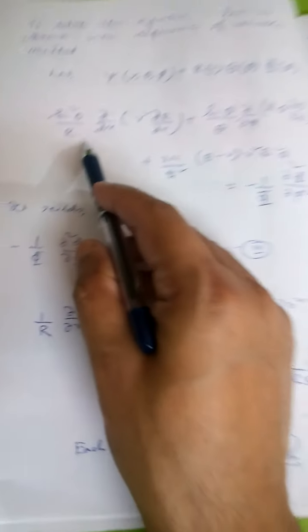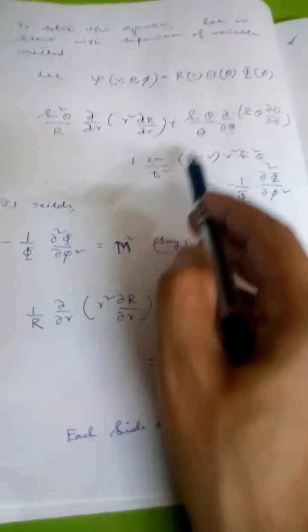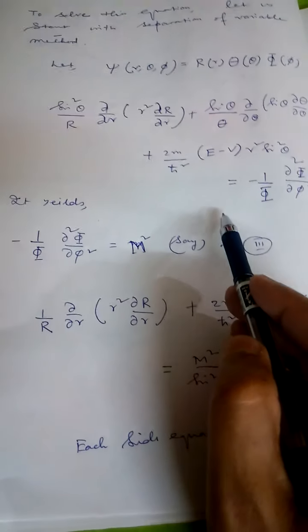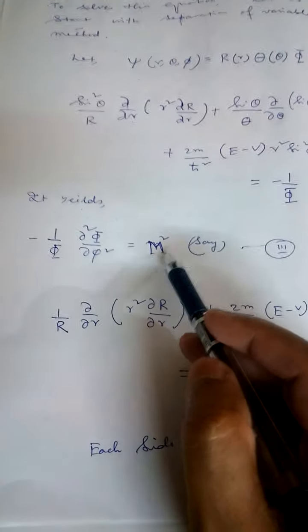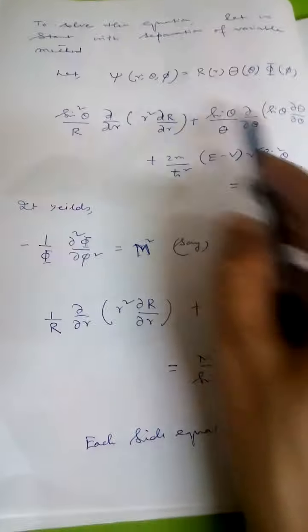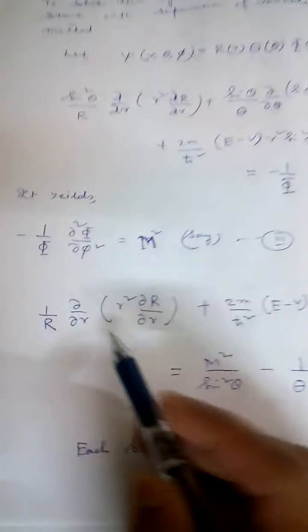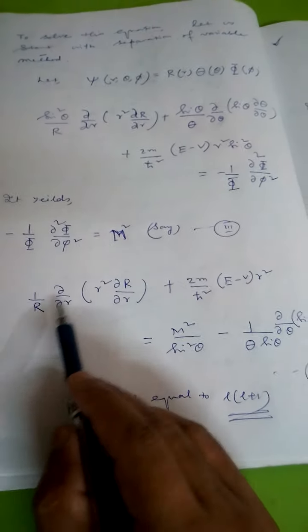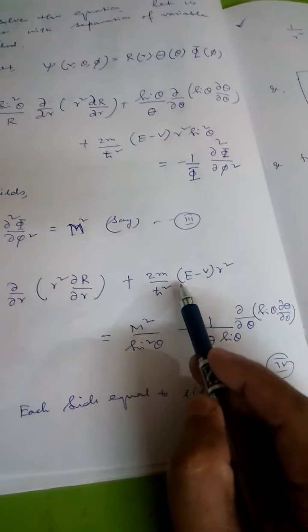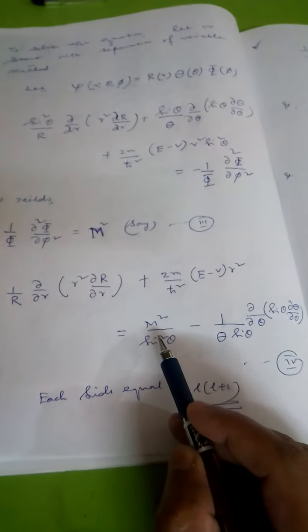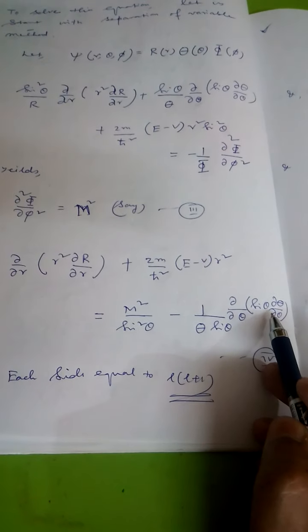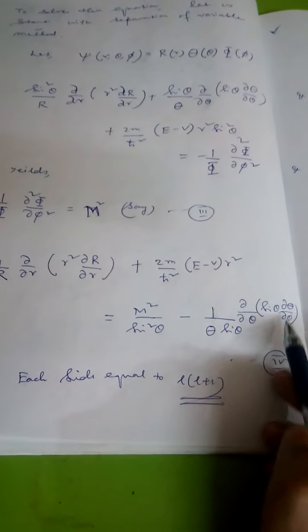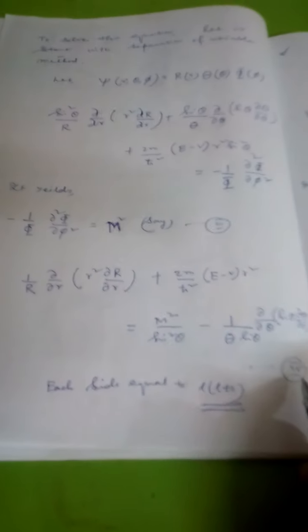So the left hand side term equals M², and after putting this value M², equating and dividing by sin²θ, we get this expression: (1/R) ∂/∂r(r² ∂R/∂r) + (2m/ħ²)(E − V) r² equals M²/sin²θ − (1/(Θ sinθ)) ∂/∂θ(sinθ ∂Θ/∂θ). Let it be equation 4.